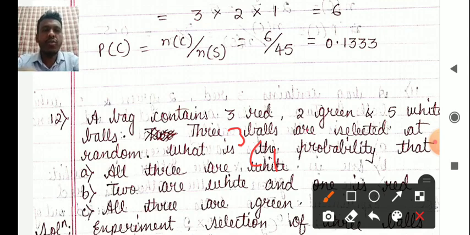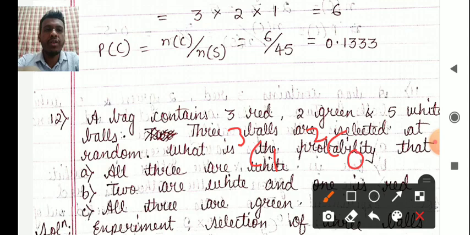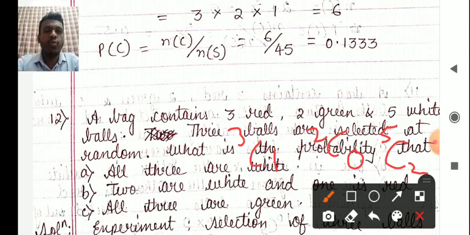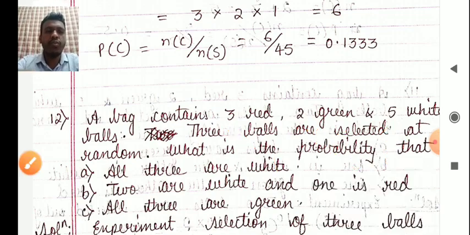So that means green is not there. So 2C0 and 5C2. 1 is red out of 3 balls, no green balls, so 2C0, and 2 are white, so 5C2. So this is how we have to calculate.